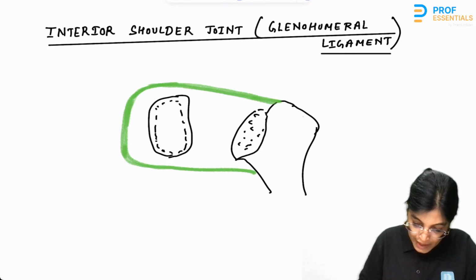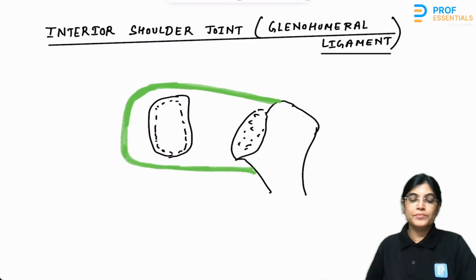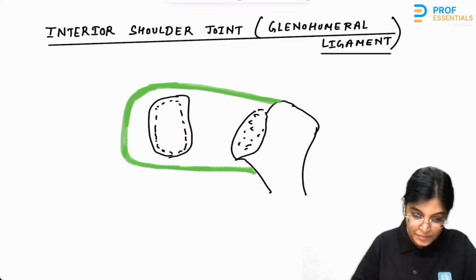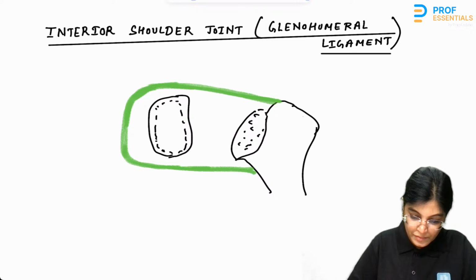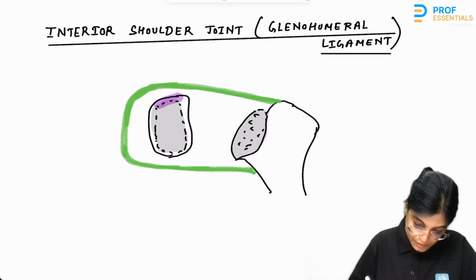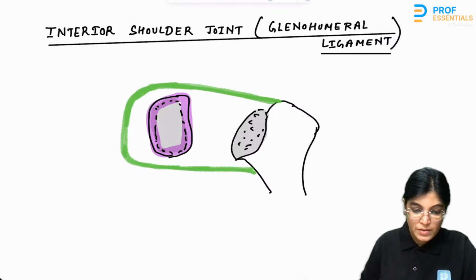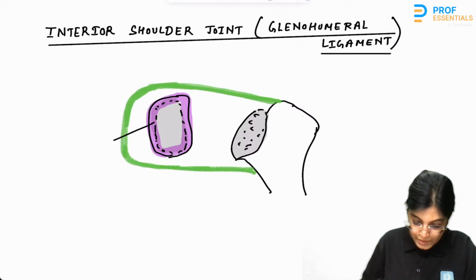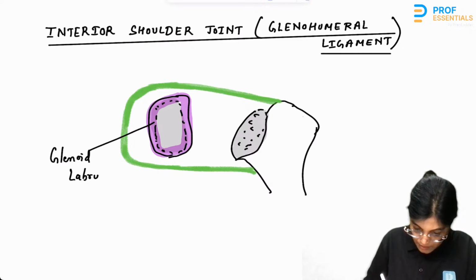This is just a schematic diagram, but it should be anatomically correct also. So this is the glenoid labrum.